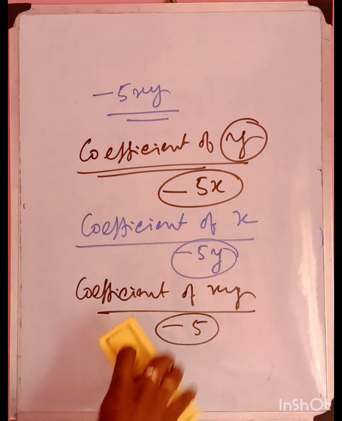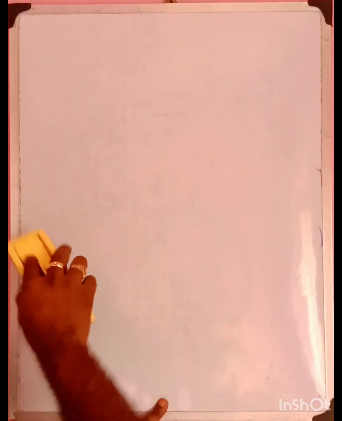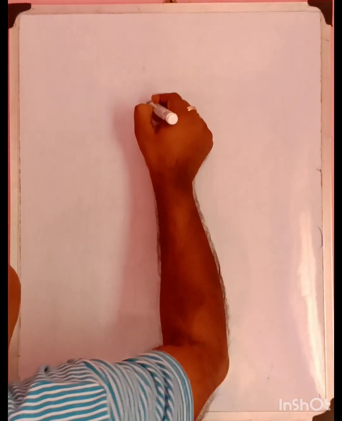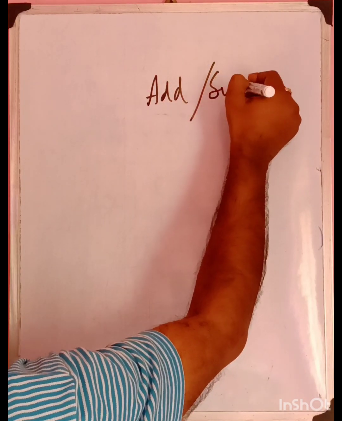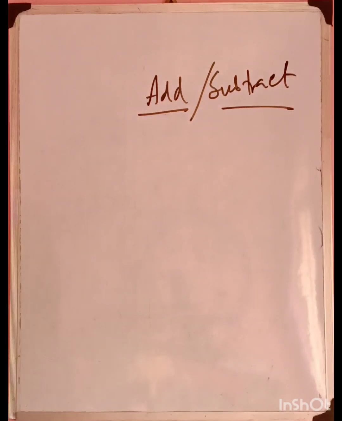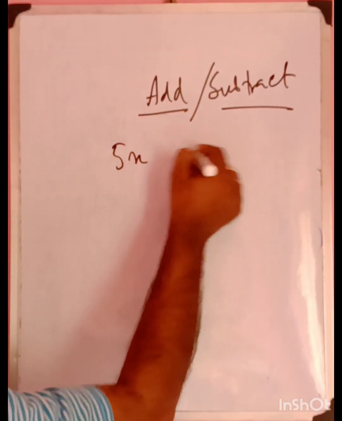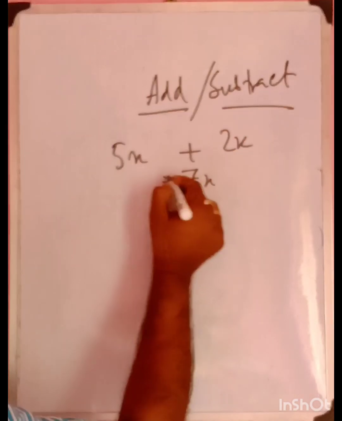So one thing is very clear to you, that we can add or subtract equal terms. Equal terms means 5x can be added to 2x, resulting in 7x.